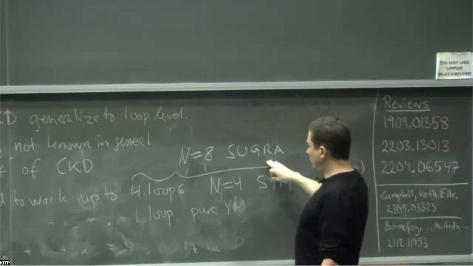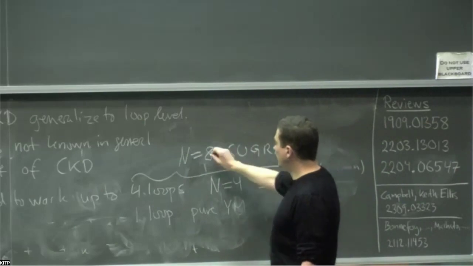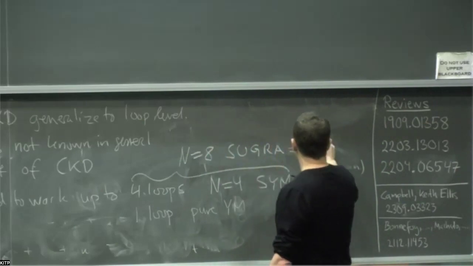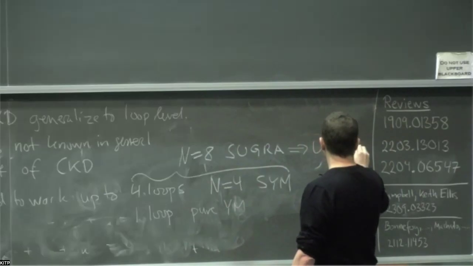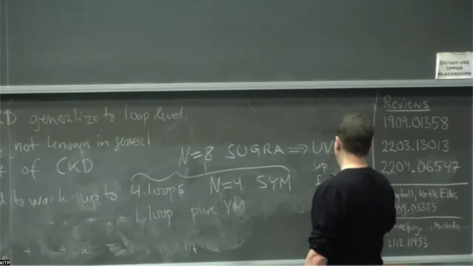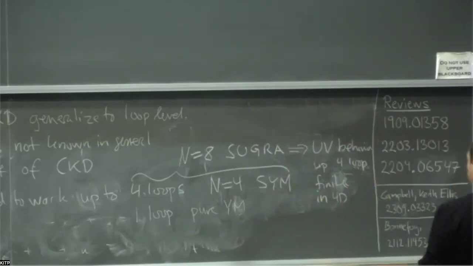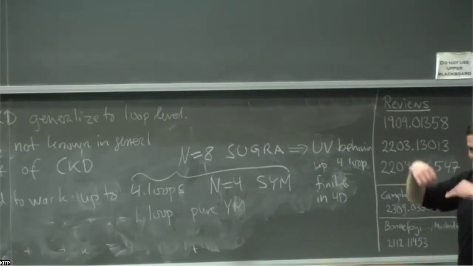Using these calculations, we could compute the UV behavior up to 4 loops. And it's finite in 4D. It's actually even finite a little bit higher than 4D. Not 5D, but slightly below 5D.